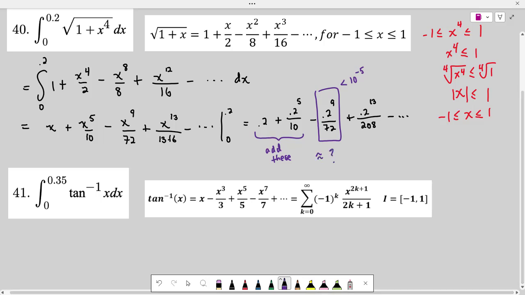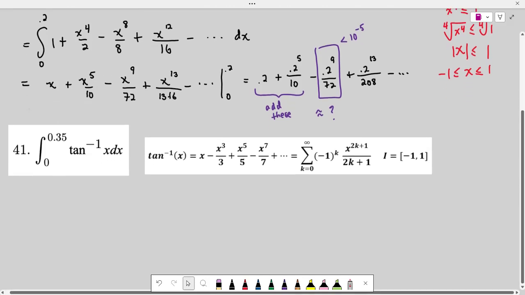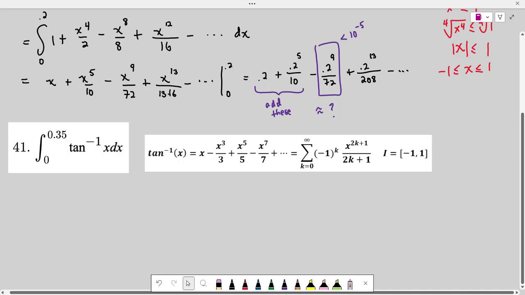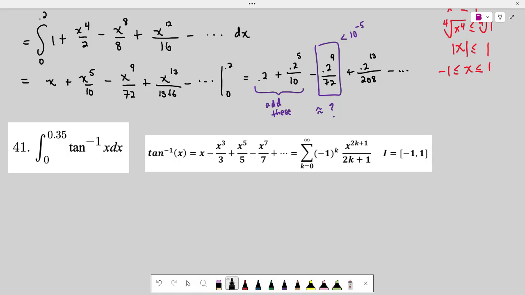So only the first two? Yep, in this case, only the first two. The decimal approximation? Yep, it'll be a decimal approximation. When you add these two together, we'll get a decimal approximation, and that'll be within 10 to the negative 5 of the actual sum.